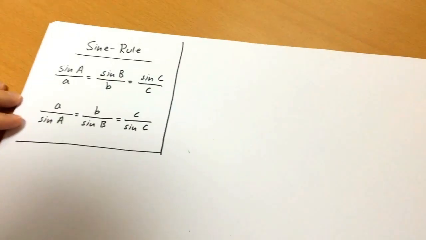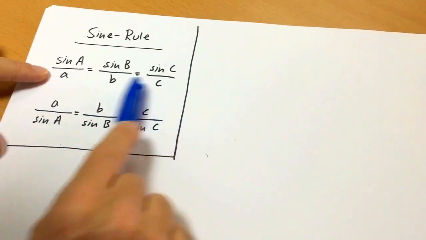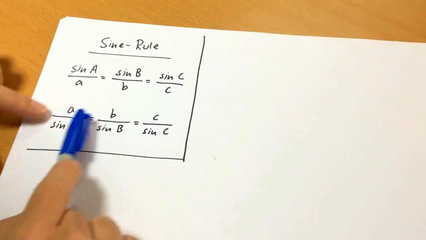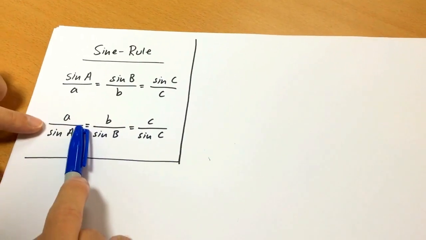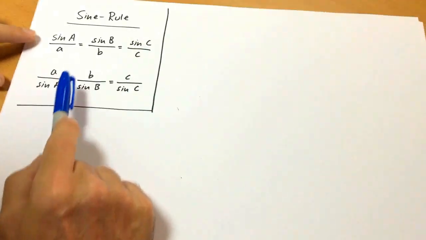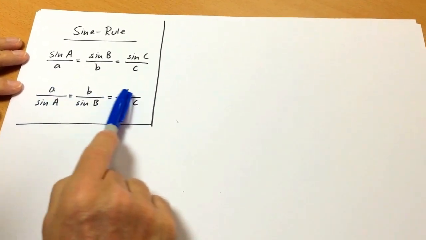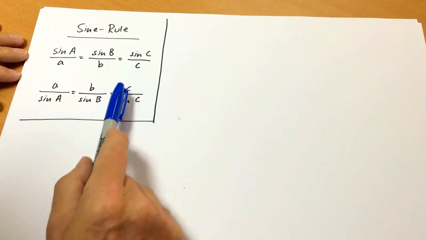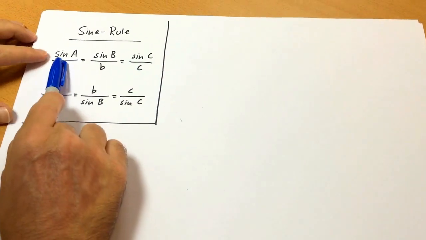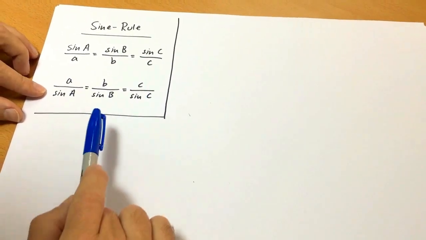The sine rule, this is one and the same rule. I wrote it in two different ways. You see, the second one is just the flipped version of the first one. It just depends on whether I write the length of the sides in the denominator or in the numerator, and consequently the sines of the angles in the numerator or the denominator.